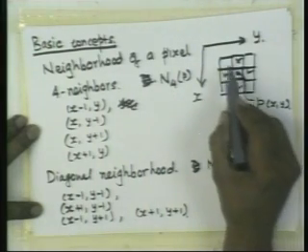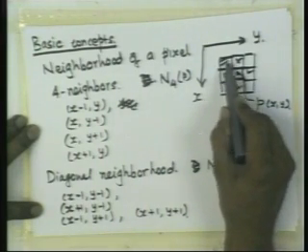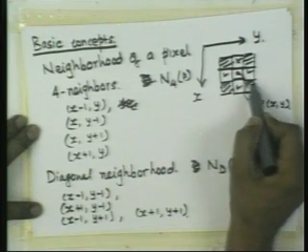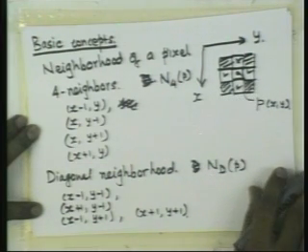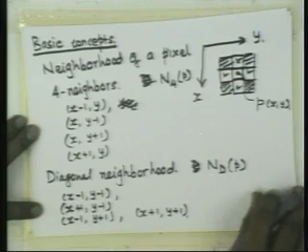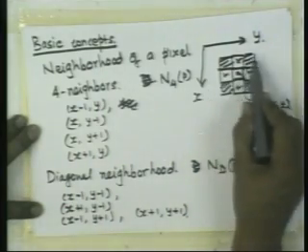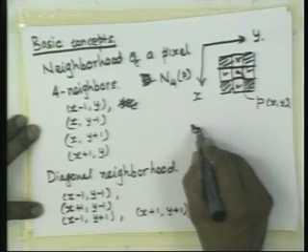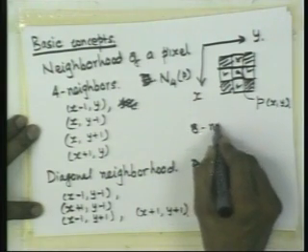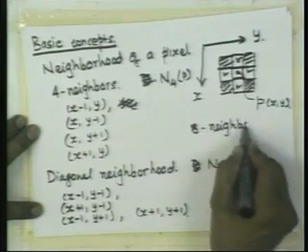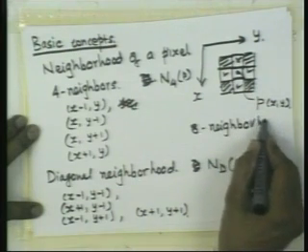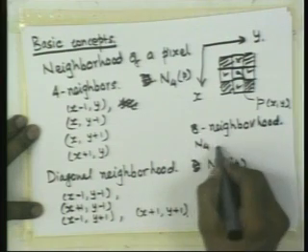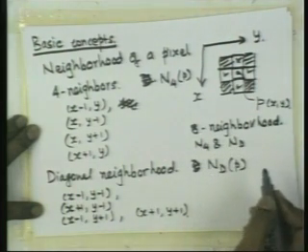These are the 4 diagonal neighbor pixels. Together all these 8 neighbors are called the 8 neighbors, just like we called 4 neighbors. The neighborhood is the N4 and ND of a given pixel.